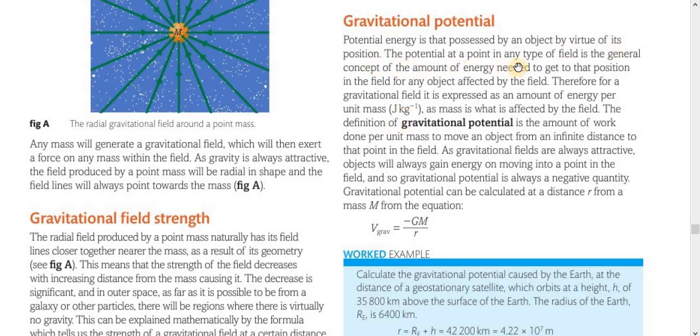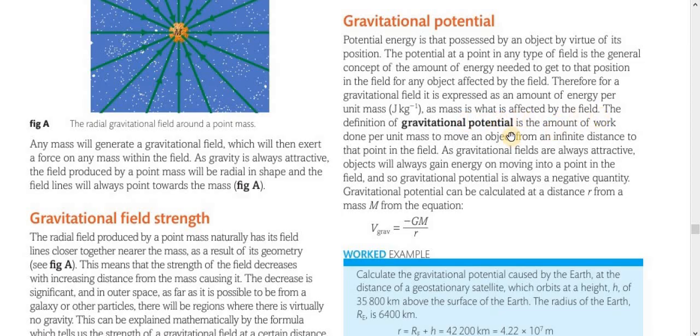The potential at any point in any type of field is the general concept of the amount of energy needed to get to that position in the field for any object affected by the field. Therefore, for a gravitational field, it is expressed as the amount of energy per unit mass. So joules per kilogram, energy per unit mass, as mass is what is affected by the field.